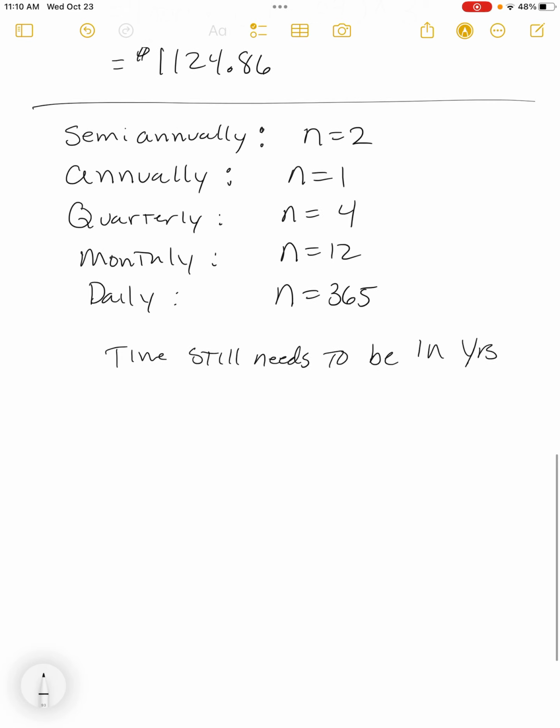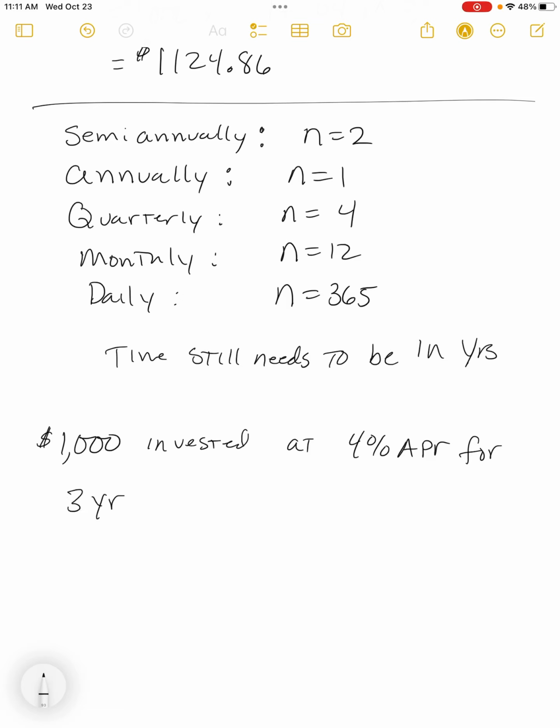So if we take that same problem, I'm going to invest $1,000 at 4% annual percentage for 3 years. And this time, where interest is compounded.